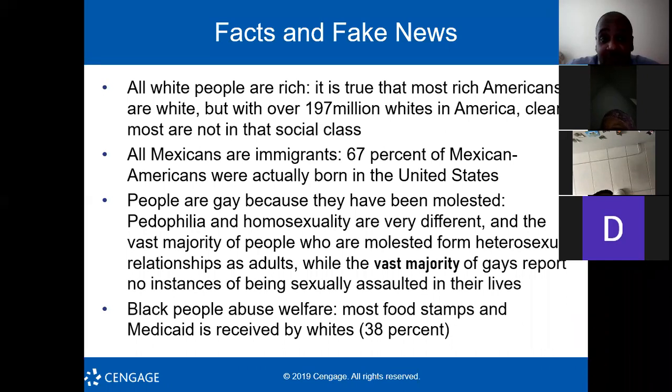But the vast majority of gays report no instance of being sexually assaulted in their lives. And unfortunately, we have a lot of data on people that have been molested. I'm sure y'all may not be familiar because y'all probably were little kids when this was happening, but there was a major Catholic Church scandal that came out a few years back where 50, 60, 70,000 kids across a couple of decades had been molested.